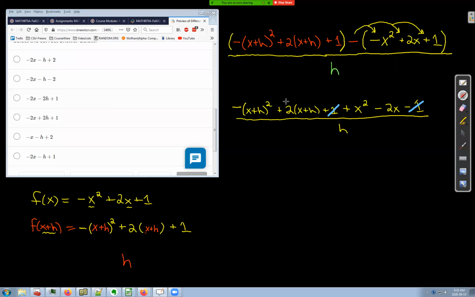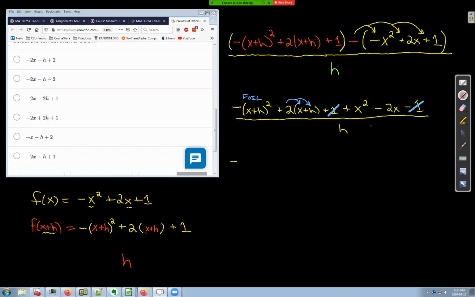Here's something I might try. I might try distributing this multiplication, and I also might try doing FOIL right here, so expanding that expression. So let's do those two things.